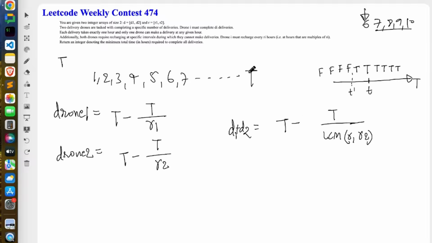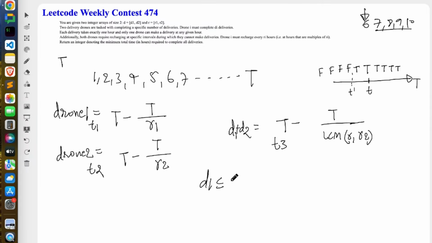If you want to check whether, by the time t, both the drones can make the delivery or not, you can simply check: d1 is less than or equal to, let's say this is my t1, and this is my t2, and let's call this number t3, for example.